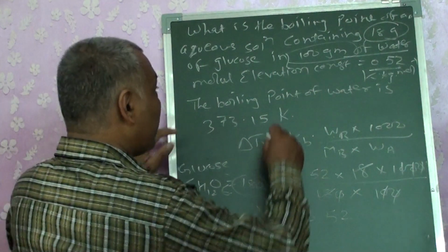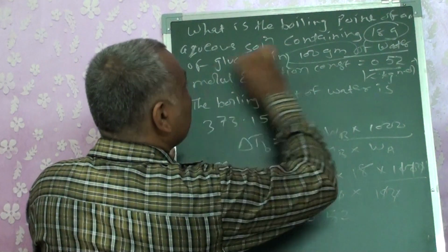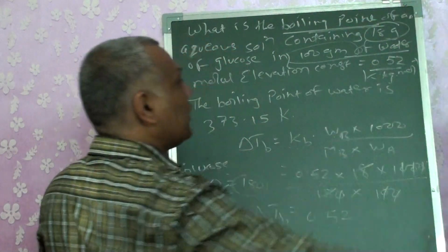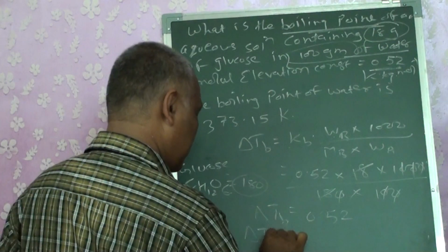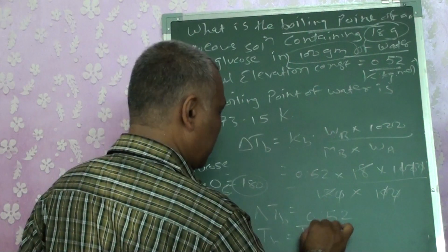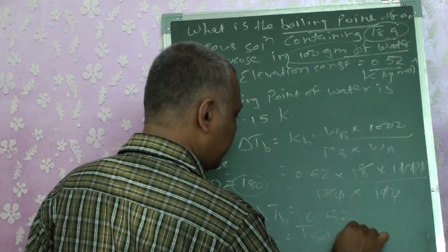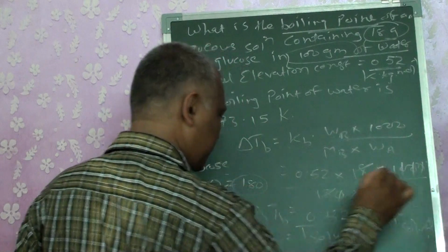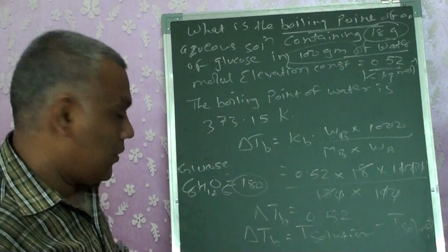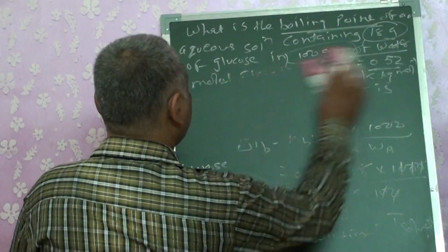So we actually want to find out the boiling point of the given solution. Delta Tb is equal to T of solution minus T of solvent. Let's do it over here.